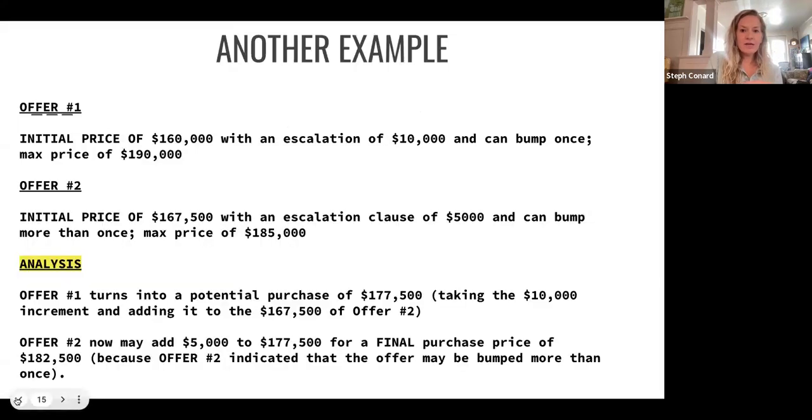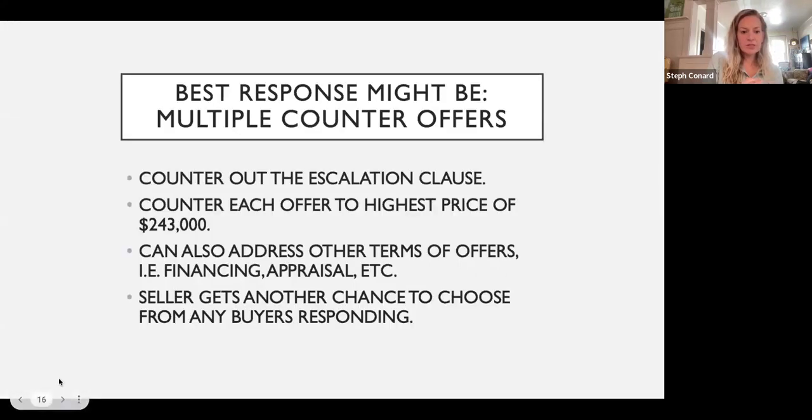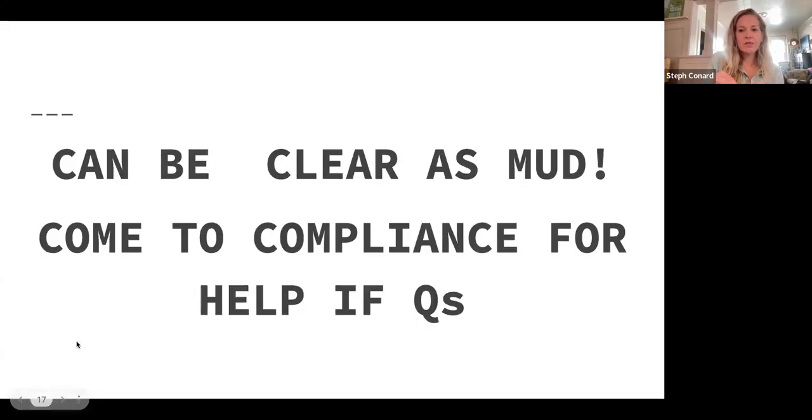Going back to this example, that seller could multiple counter both of these guys and just say, offer number one, I want you to pay 190. Offer number two, I've got an offer over here of 190, I want you to pay 190 as well. So it's just another tool to use, and it clears up confusion when there are so many different scenarios. It can be clear as mud. Come to compliance for help if there are questions.